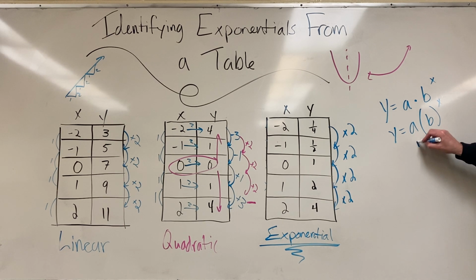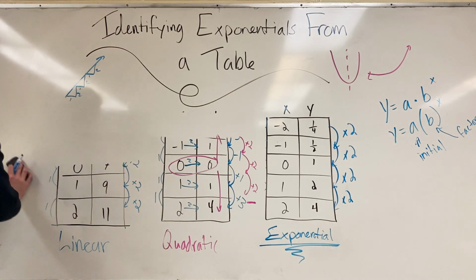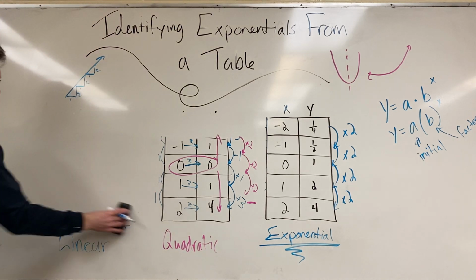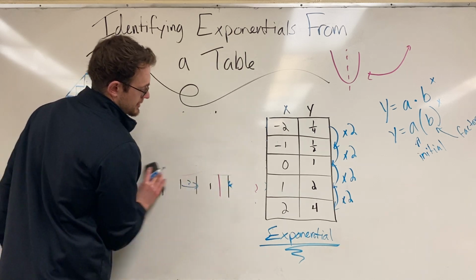A was the initial point, so this is initial. And B was the factor. All right, well, get rid of these guys because we don't care. Those are the things we don't want. We don't want linear, we don't want quadratic. We want to talk about exponentials.